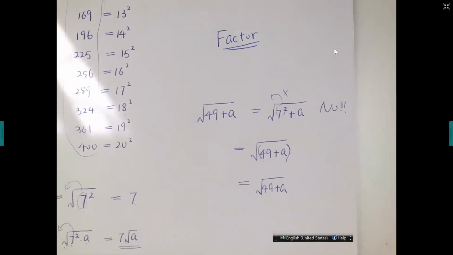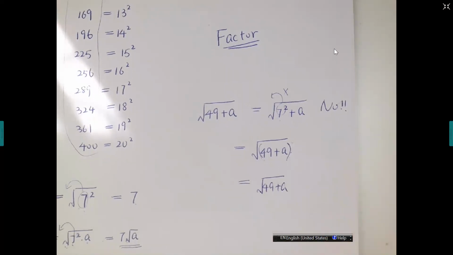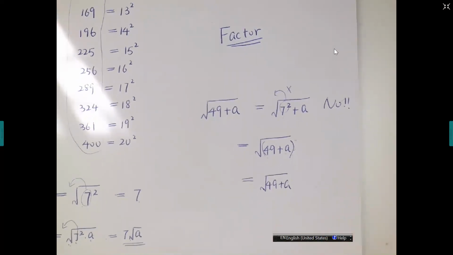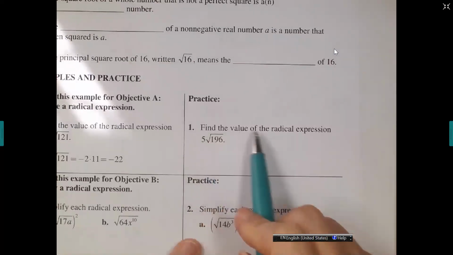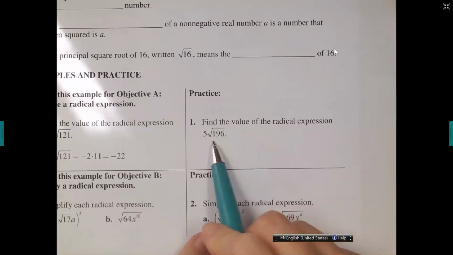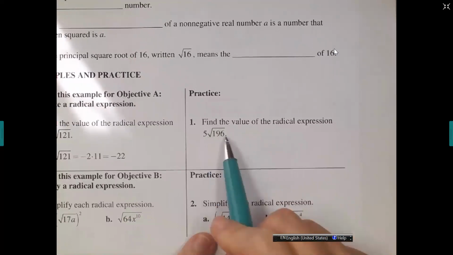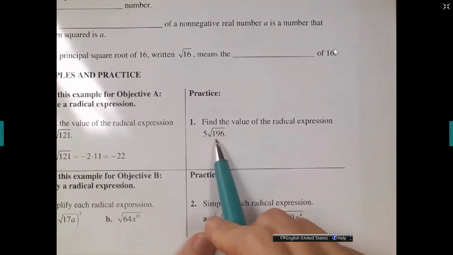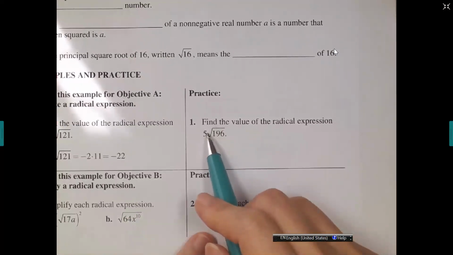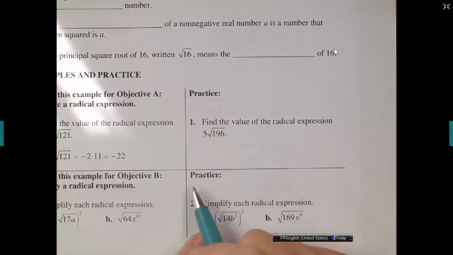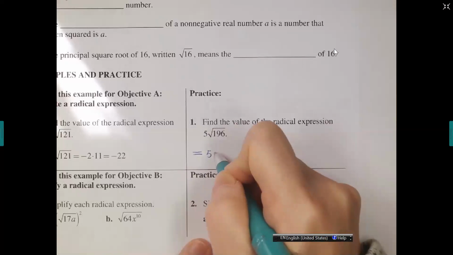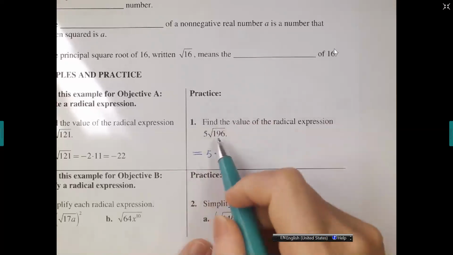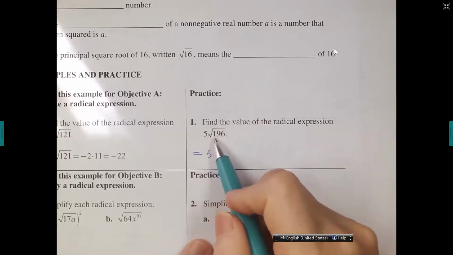Now let's do one practice. I have a practice sheet right here. Please find the value of the radical expression, or in other words, simplify it. I hope when you see this, it means 5 times the square root of 196. What does this equal to? 5 is 5. Multiply times what is radical 196.